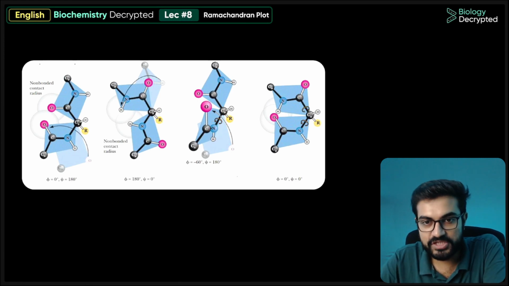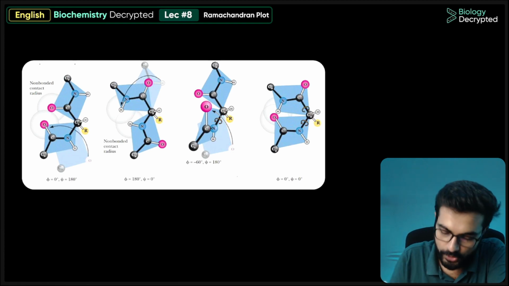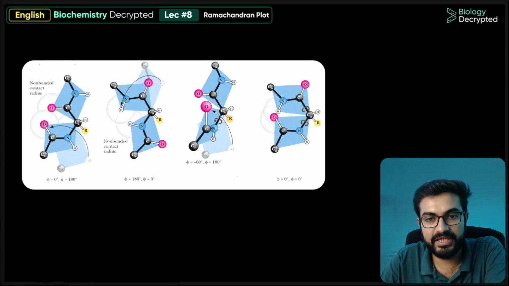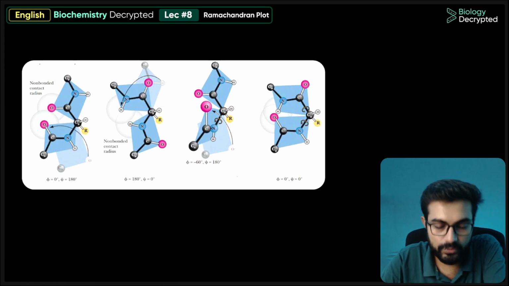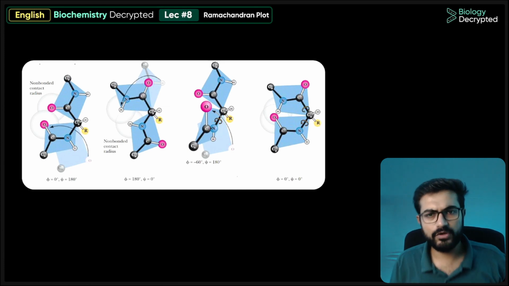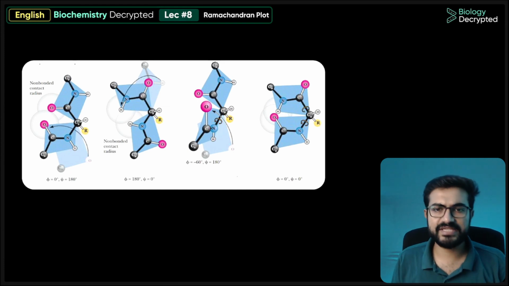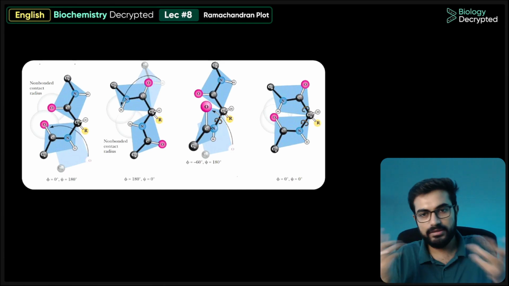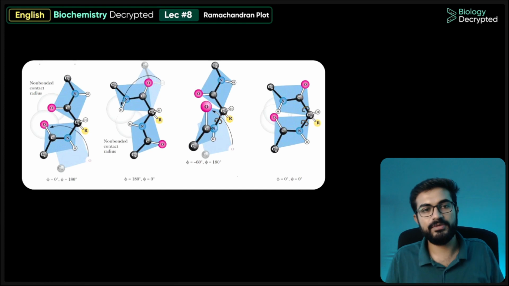Whether the conformations will be favorable or not will be influenced not only by the rigidity of the peptide bond, but also by the bulkiness of the R groups. If the R groups are bulky enough, then we'll see that only a few conformations are possible. Some conformations get restricted because of this steric clash. They won't have that particular conformation.